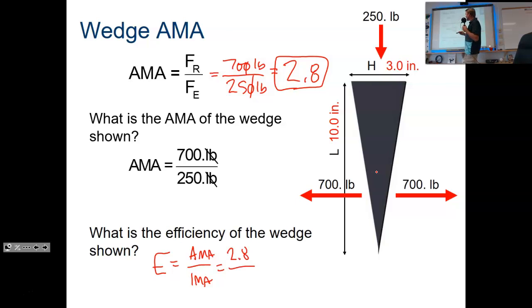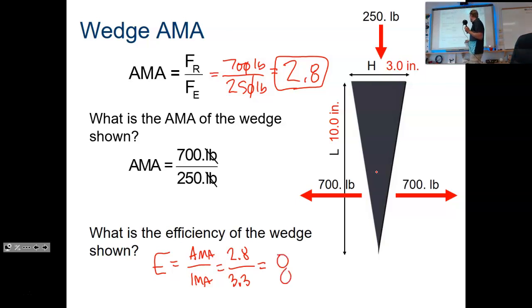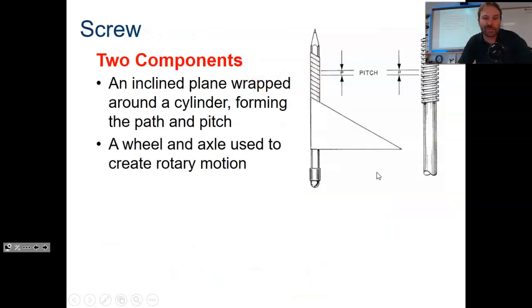Your ideal mechanical advantage, 3.3. So using my calculator again, that one I can't do in my head. 85%. Again, not bad. Seems like it's pretty much on par with all the other machines that we've seen so far. If this is true to life, I don't know if it is or not. Maybe they're just making these numbers up.